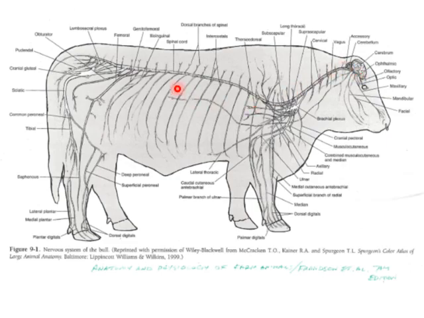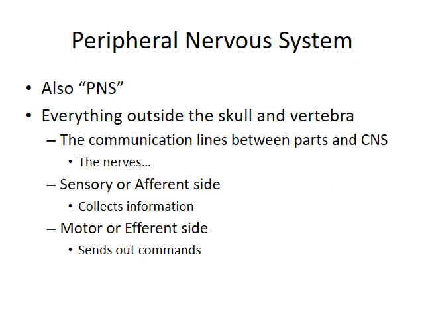We've got the spinal cord running down, and then everything coming off, everything outside the spinal cord, everything outside of the skull, at least the cranial part of the skull, not the facial features of the skull, is called the peripheral nervous system. So the peripheral nervous system is everything outside the skull and the vertebra.